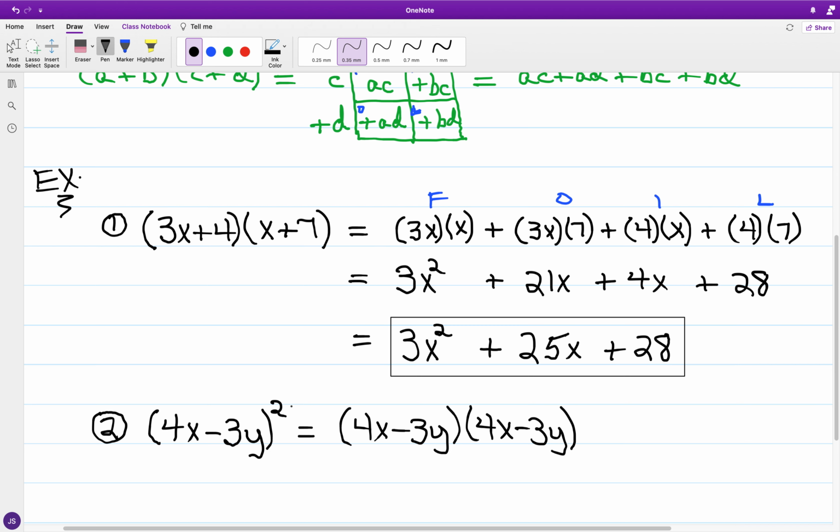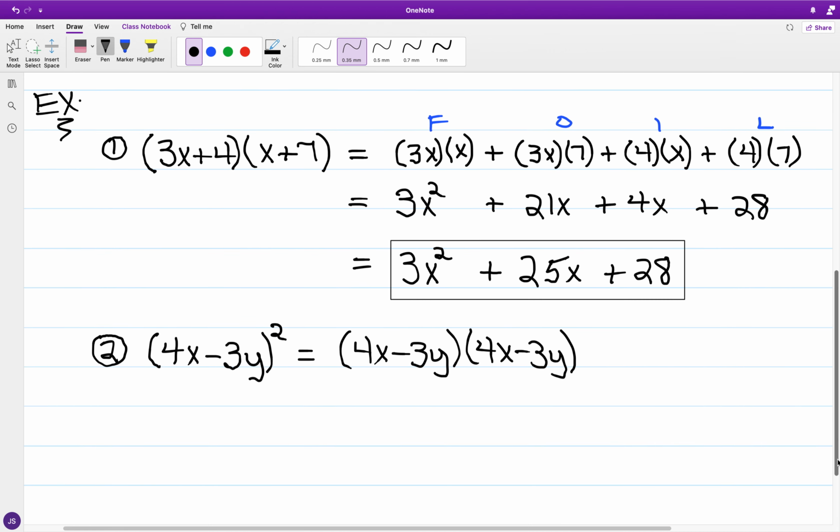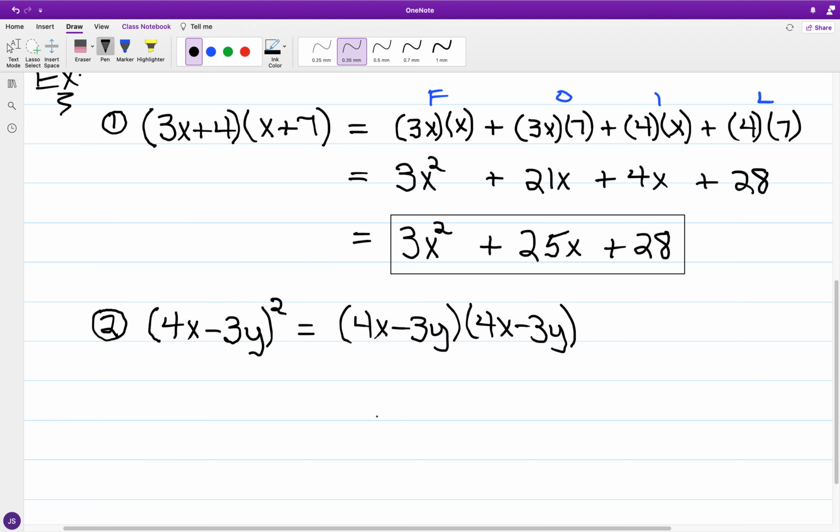Just like if you had 4x minus 3y raised to the third, you have 4x minus 3y times itself and times itself once again.